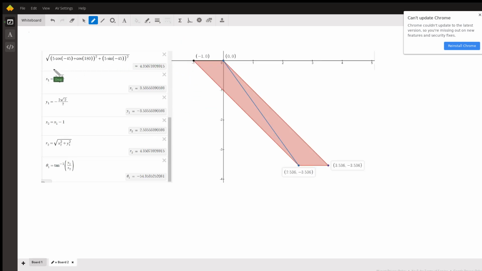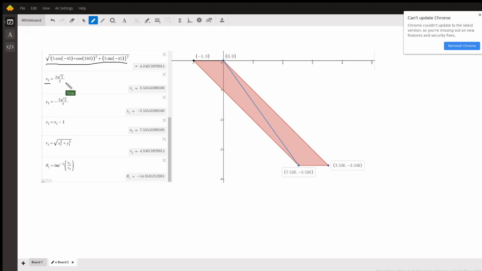Okay, here I did the calculation using the law of cosines. Oh no, no, I used the coordinate addition of vectors to get the resultant vector. Square root of x sub 2 minus x sub 1 squared plus y sub 1 squared.